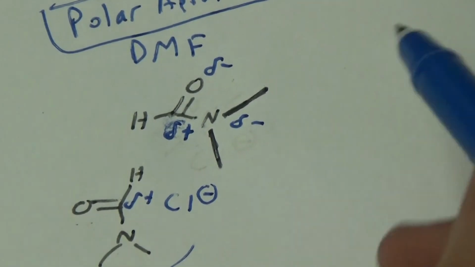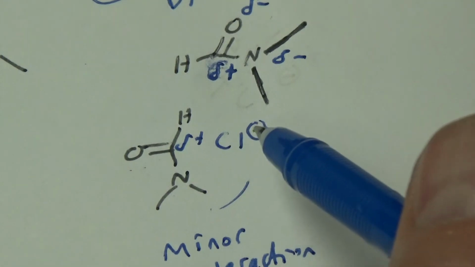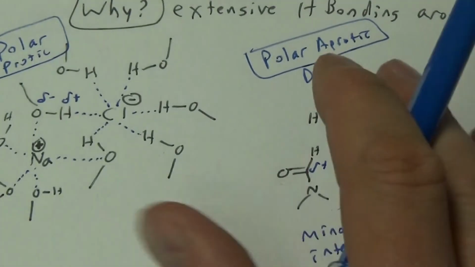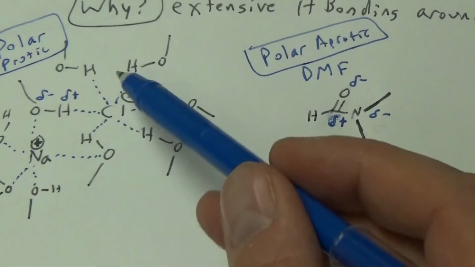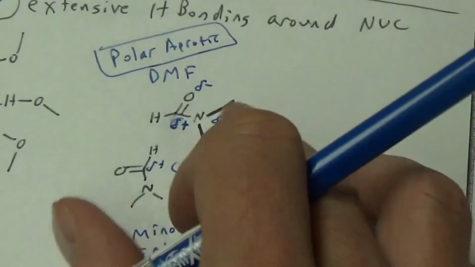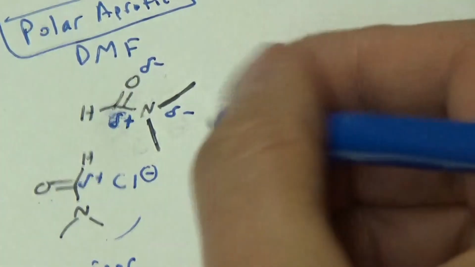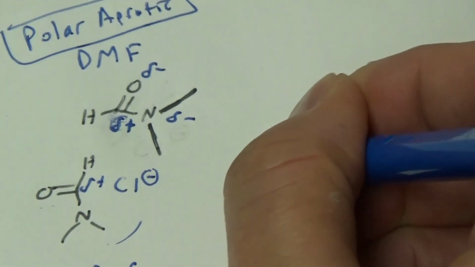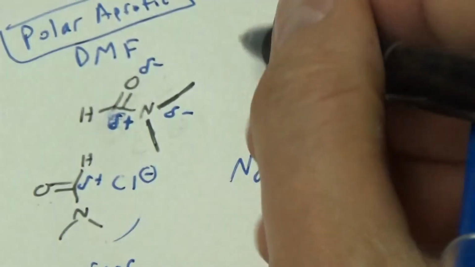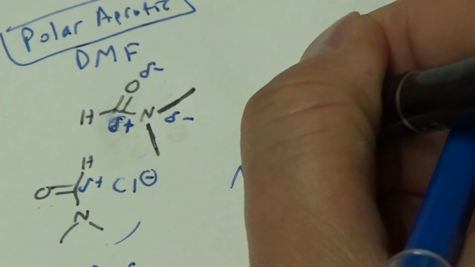So that anion is not really shielded or blanketed the way chloride was in the protic solvent. Chloride was totally blocked from reactivity. Here it's not really. But what about the sodium, Na+? Well, the sodium is actually getting interactions with the C double bond O.